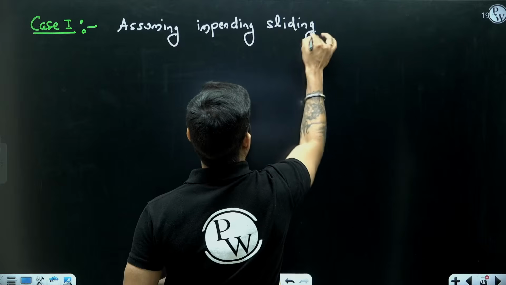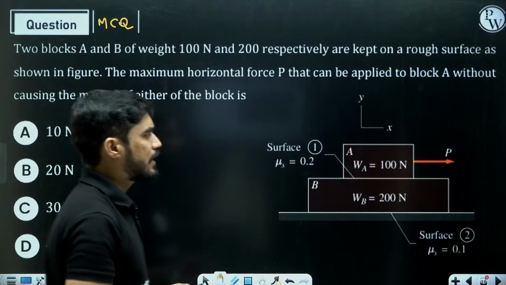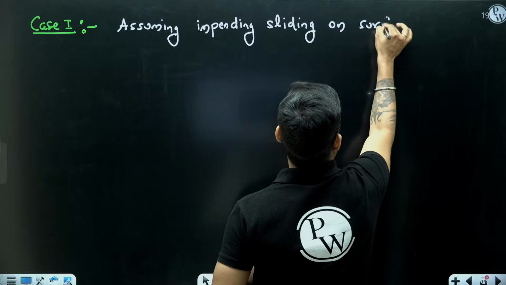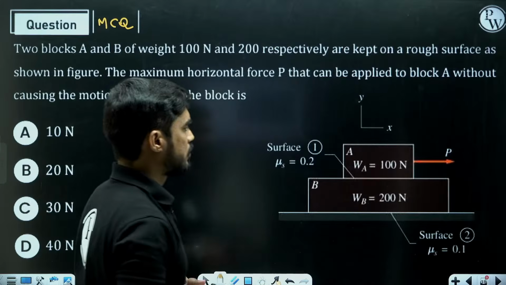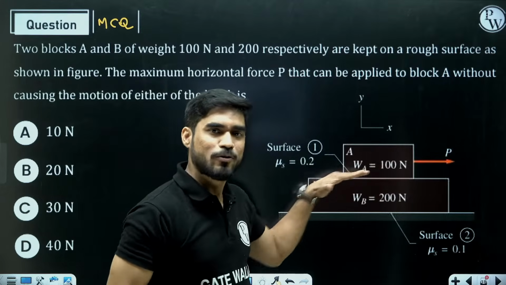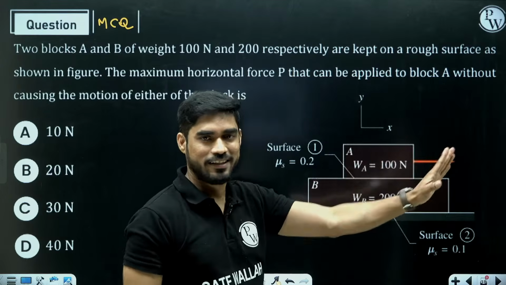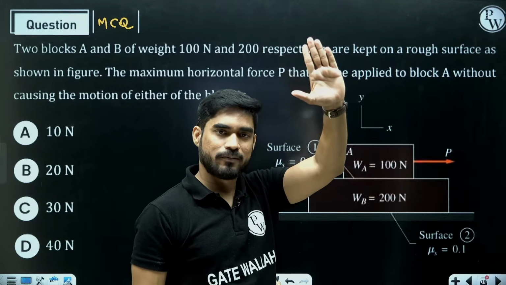Impending means just about to happen. Assuming impending sliding on surface 1. It means we are assuming that surface 1 is just about to slide. On surface 1, this block is just about to slide. So this block will move alone.